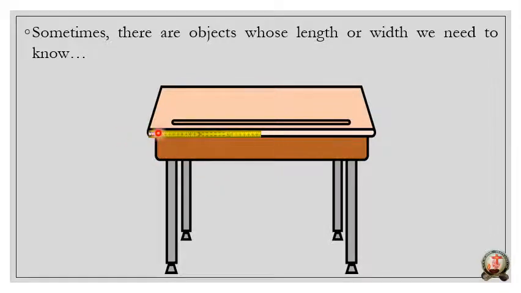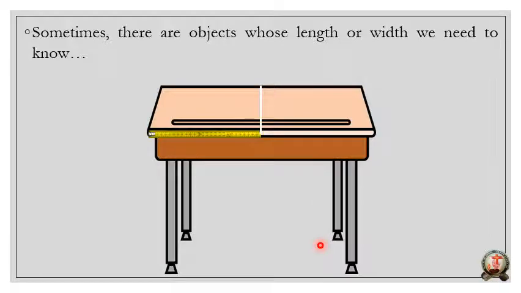So the teacher will first measure half of the length of this desk, and she will draw a line which tells you the half of the distance, so that you can easily share the exact position where you need to sit, right?